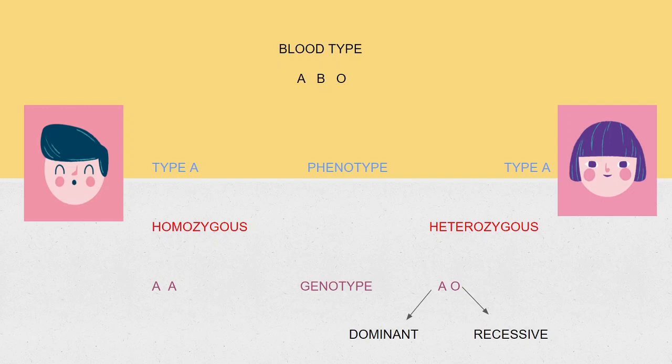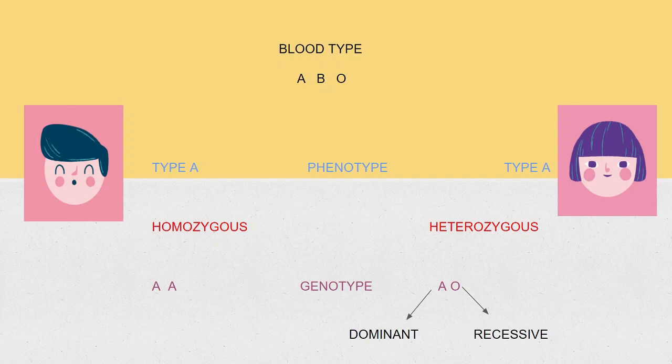Now, I want to introduce two more terms. We can look at a person's genes in two different ways. We can look at the person's individual alleles, and that is called the genotype. So for this guy, his genotype is AA, which means two alleles, A and A. But we can also look at the person's physical traits, which we call the phenotype.